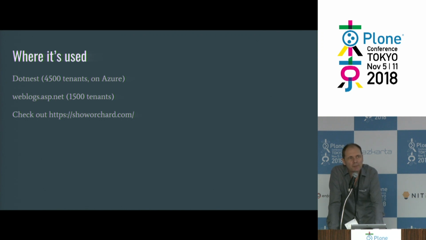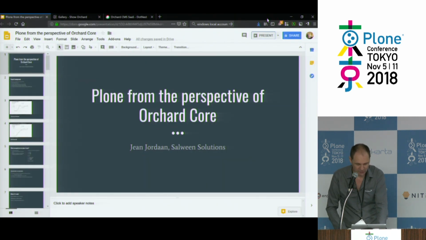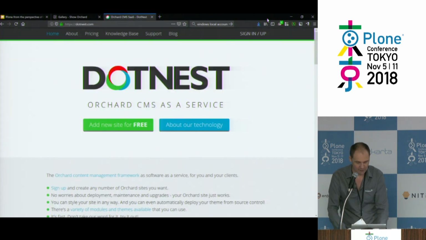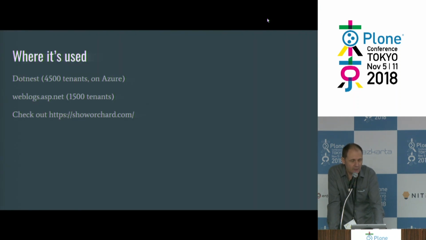A couple of places where Orchard is used, a couple of big sites. There's a software as a service thing, this DotNest website where you can create your own Orchard instance. It hosts about 4,500 Orchard instances on one, what they call a tenant, on one Orchard instance.